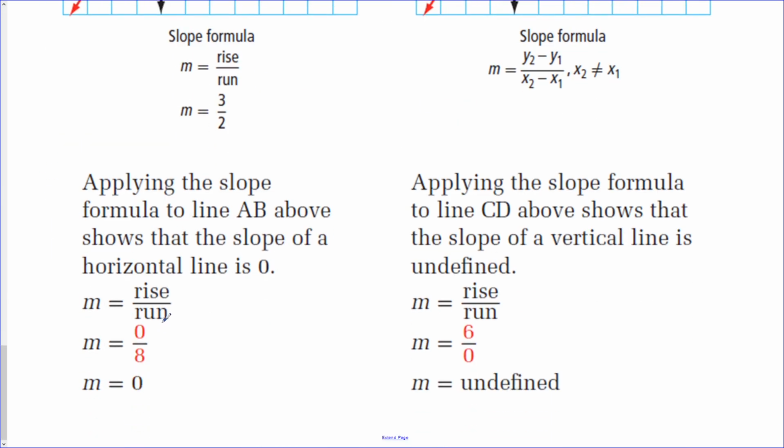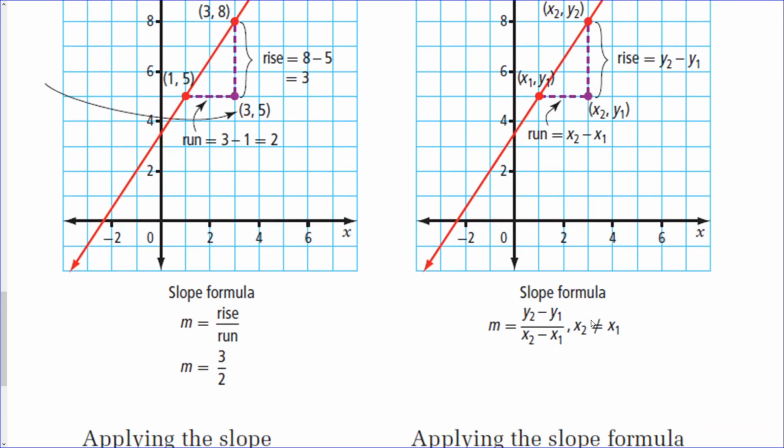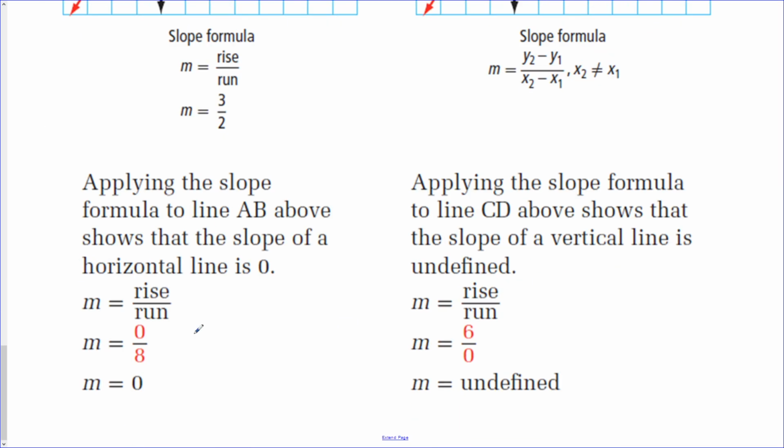So for a flat line, there is no rise, so it's 0 divided by the run. 0 divided by anything is 0. So the slope of a horizontal line is 0.